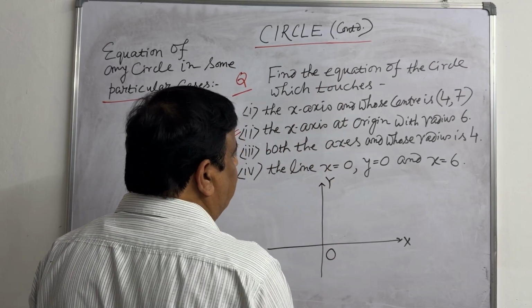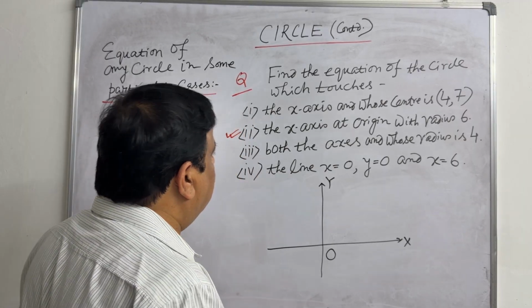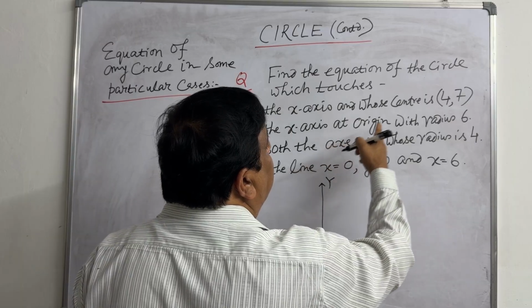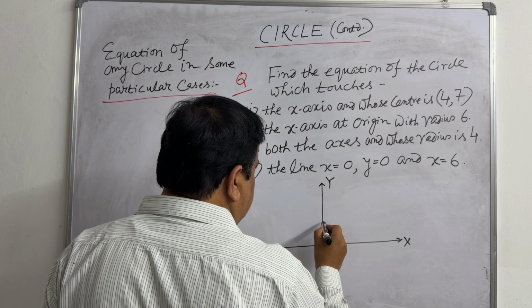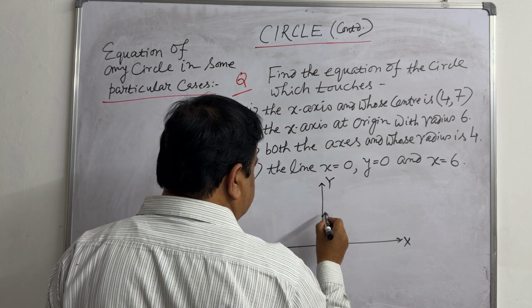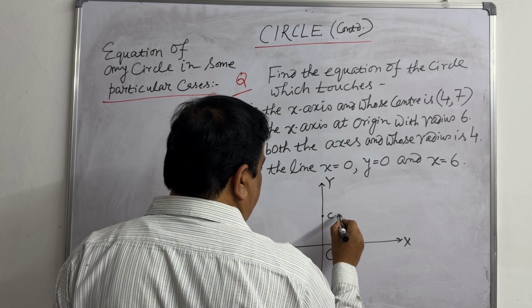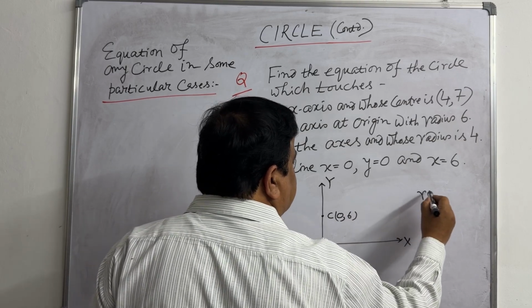Okay? That means x-axis will be the tangent of the circle and it will pass through origin, and its radius is given as 6. Obviously, say this is the center and coordinate of the center will be 0, 6 because radius is 6.